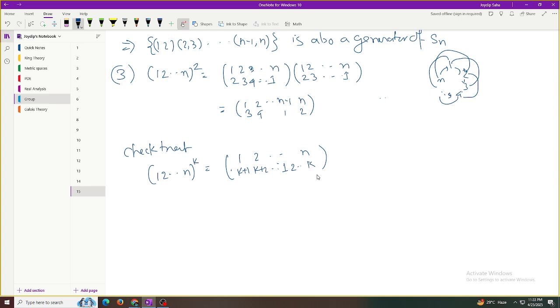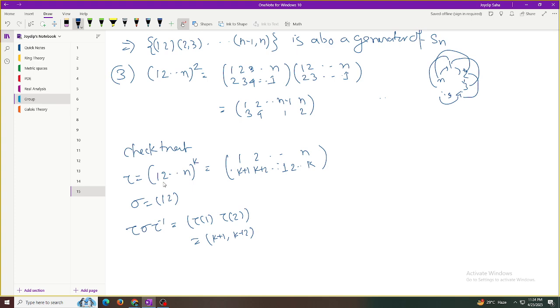This is your tau. So now take tau equal to that, and sigma equal to (1 2). Then what is tau sigma tau inverse? That is your (tau 1 tau 2). What is this tau 1? k plus 1, k plus 2.